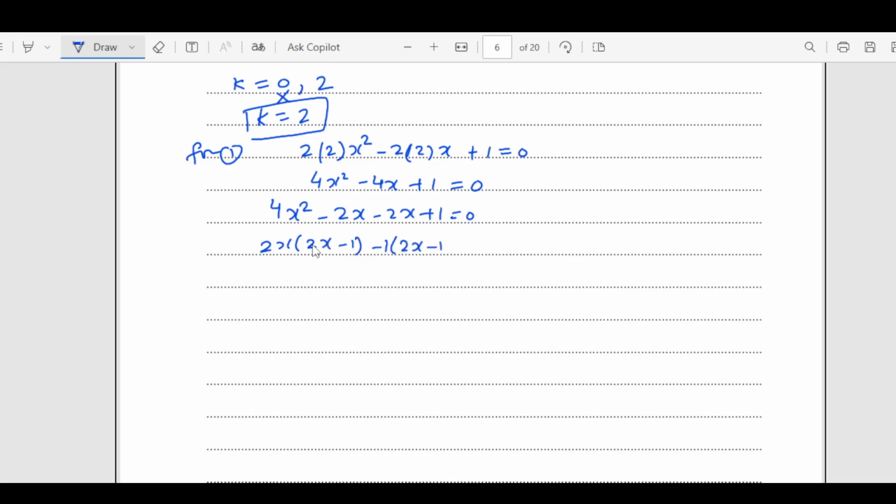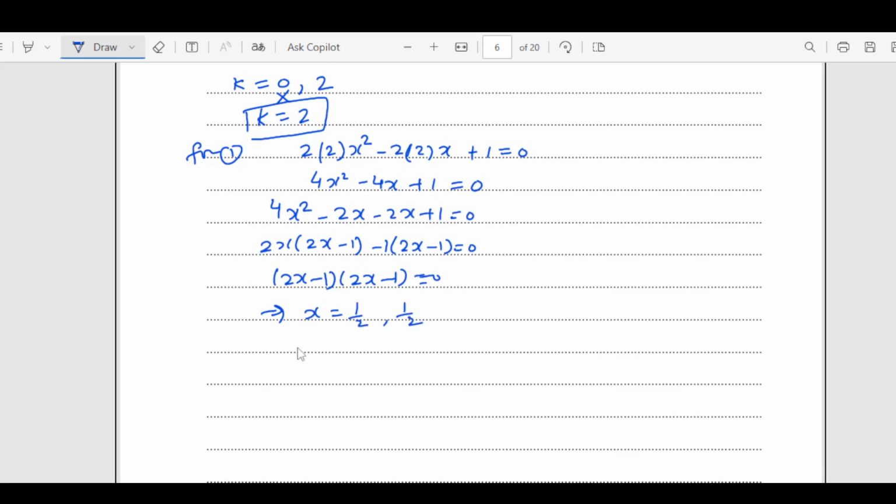So we have 2x minus 1 times 2x minus 1 equals 0. So from here we will have x is equal to half, and half is coming twice, so that means it's the same thing.